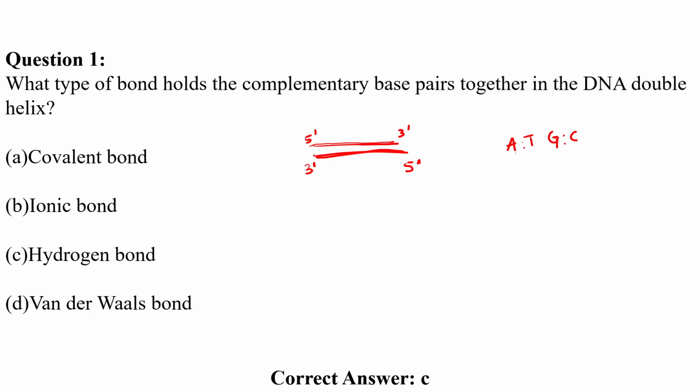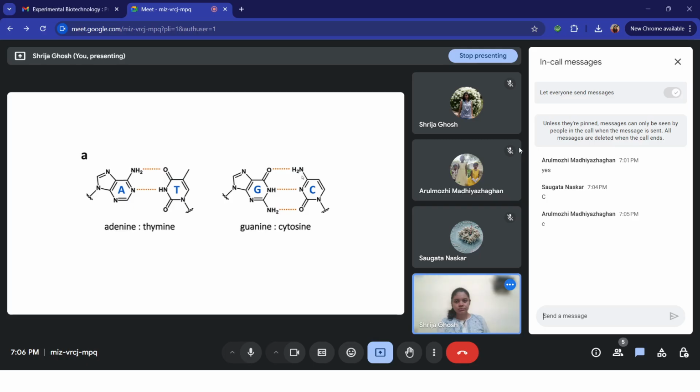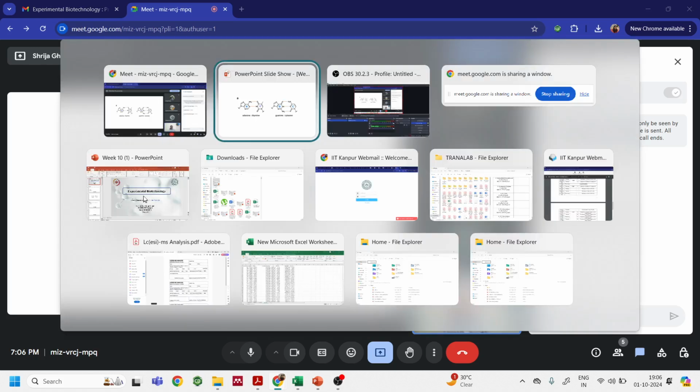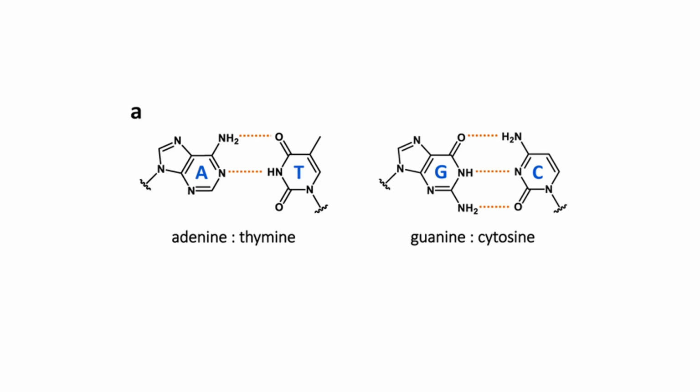Okay, so we have here, you can see adenine and thymine have complementarity to each other by making 2 hydrogen bonds. So this complementarity is because of the ability to form hydrogen bonds. Adenine can form hydrogen bonds with thymine and guanine can form hydrogen bonds with cytosine.